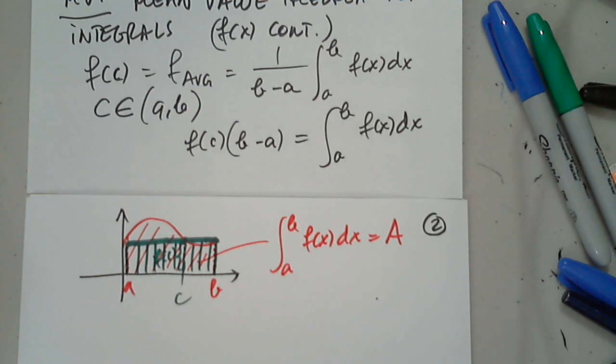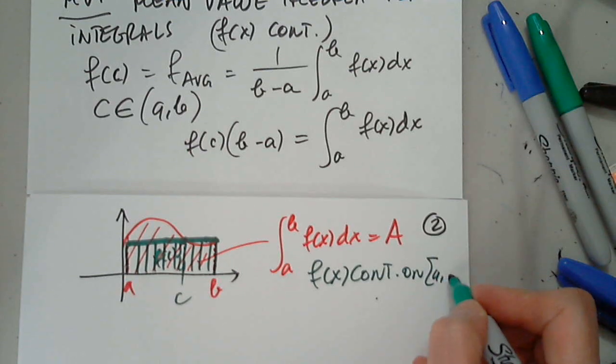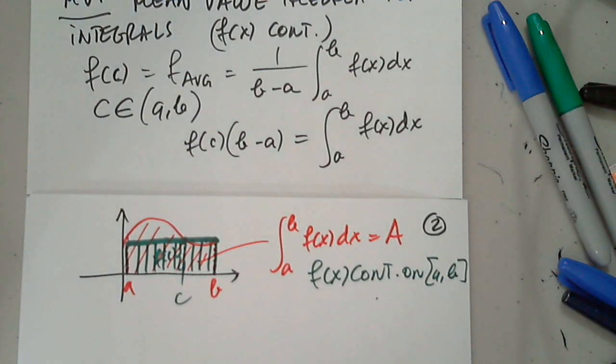That's the mean value theorem for integrals. And this is an illustration for a positive function. Of course, f of x continuous on a comma b. Every time we calculate definite integrals, we should always check that the function is continuous on the given interval. And let's illustrate with a few examples here.